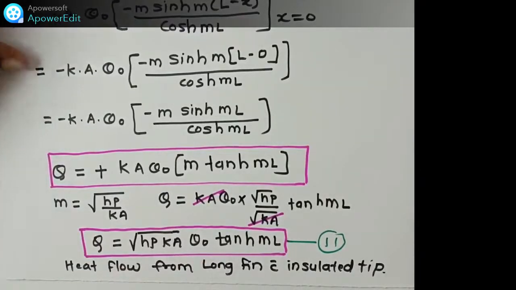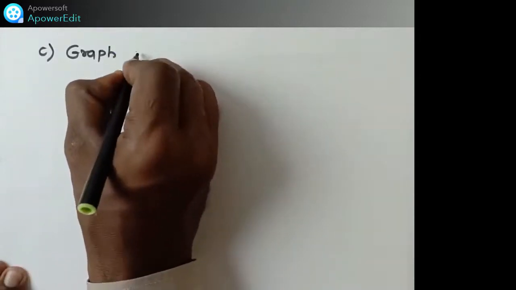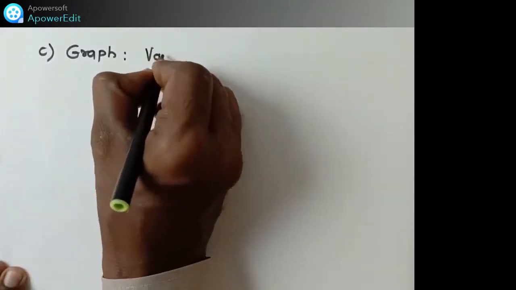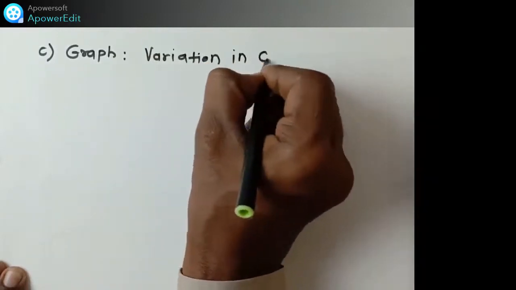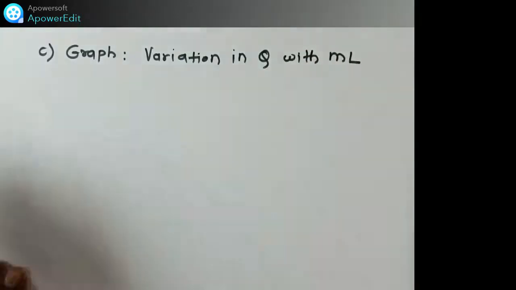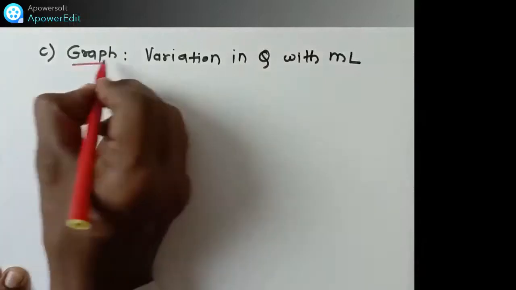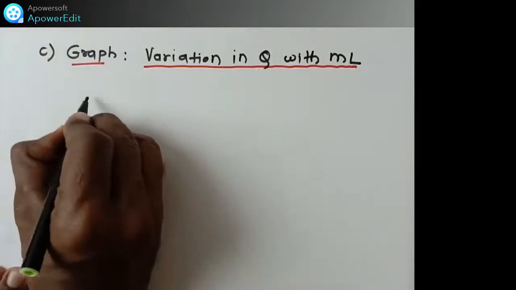Now here we will have one graph, that will be the third part graph, which will give variation, means change in heat flow with changing value of ml. So that graph we will show here.